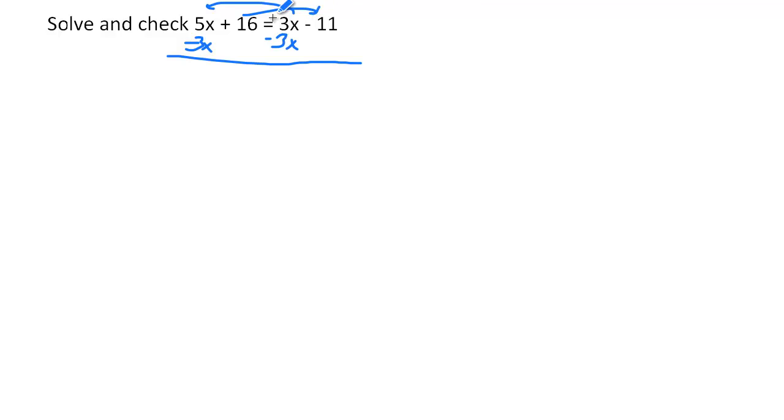So a positive 16 or an adding 16 on the left side means I'm going to take away 16 from both sides. It becomes negative on the right side. So 5x minus 3x is a total of 2x. 16 minus 16 is gone. 3x minus 3x is gone. And a negative 11 and a negative 16, they're both negative, so we add them up and give them the negative sign, negative 27.